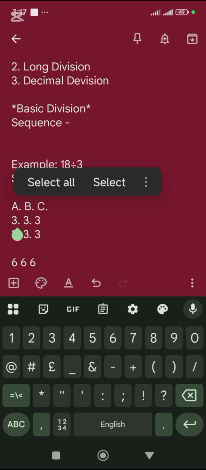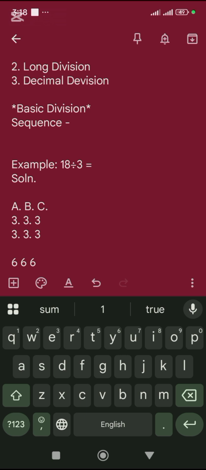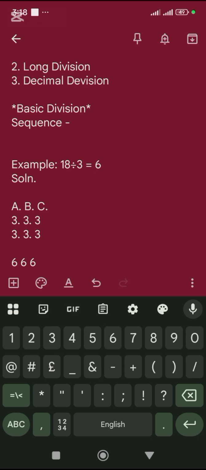So when you have 18 divided by 3, you are being asked to share 18 into 3 groups. Group A receives 6, group B receives 6, group C receives 6. So the answer is 6. That is, 18 divided by 3 is 6.